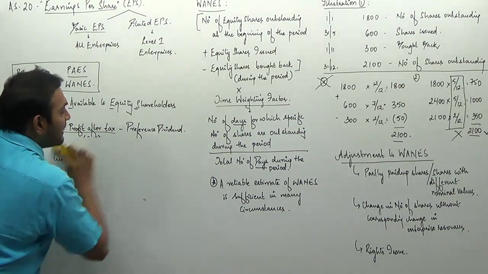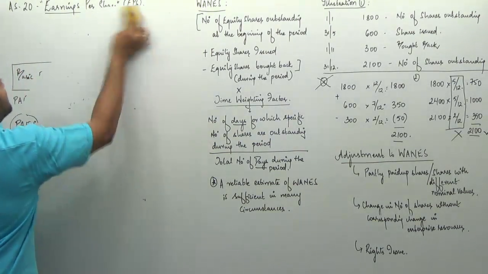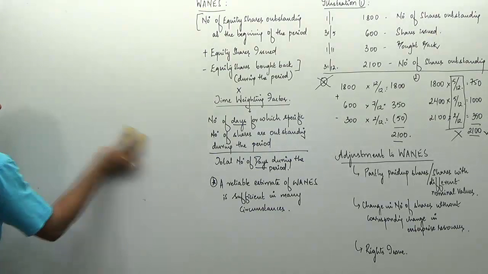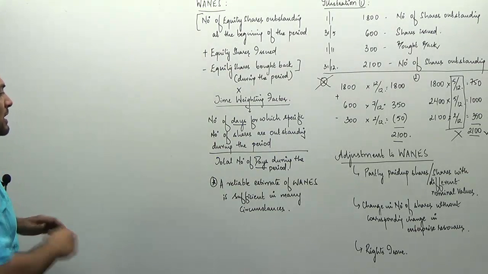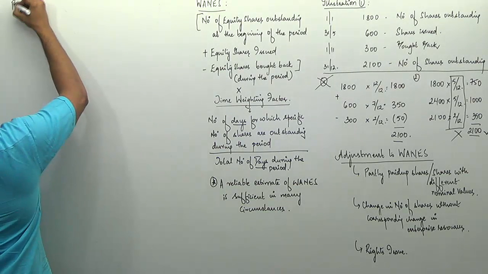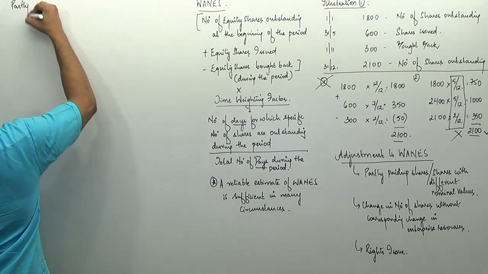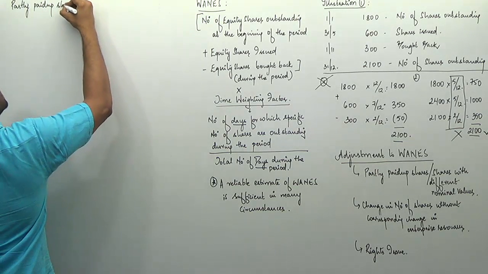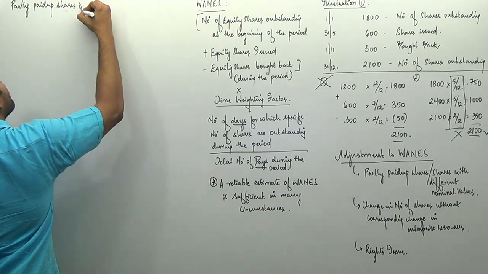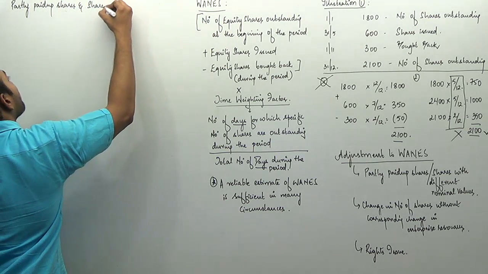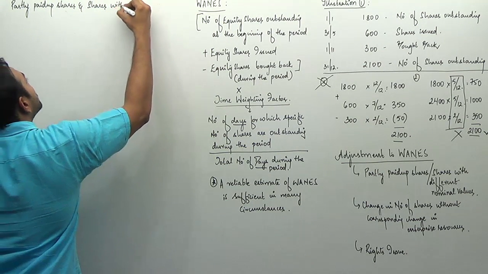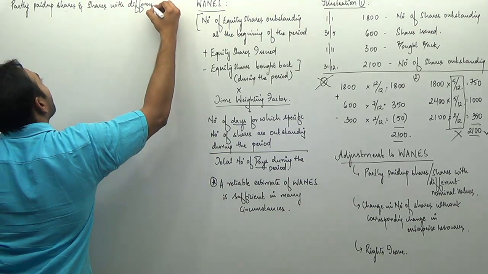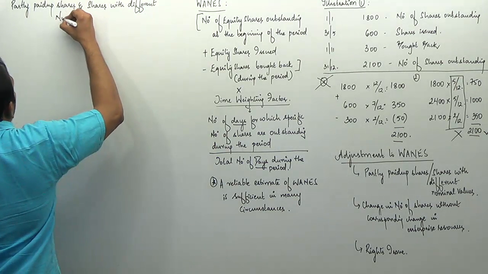Let's start with the first part, that is partly paid shares and shares with different nominal values. I'll start with the first adjustment: partly paid up shares and shares with different nominal values.